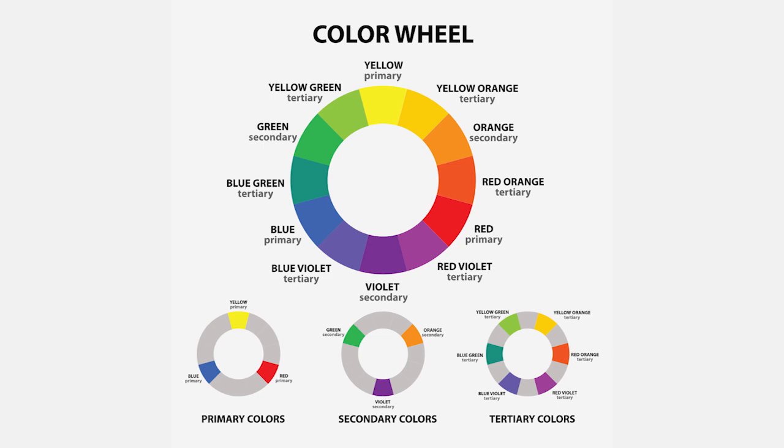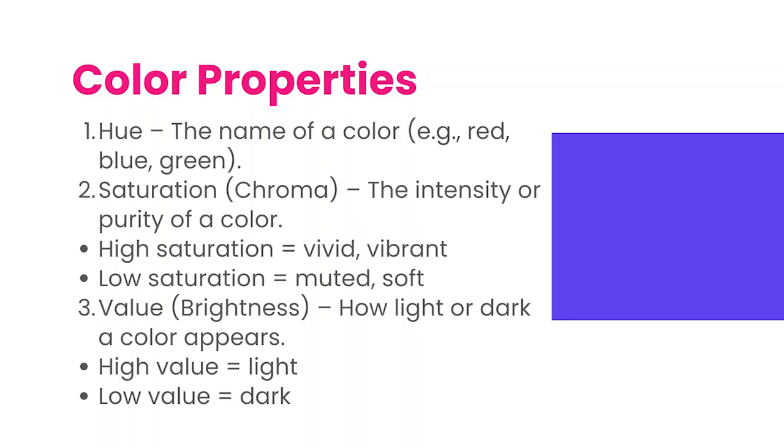And then we have the color properties. Under color properties, we have hue, which is the name of a color, for example, red, blue, green. Then we have saturation, or what people call chroma. This is the intensity or purity of a color. If it's high saturation, you'll find it's vivid, vibrant.